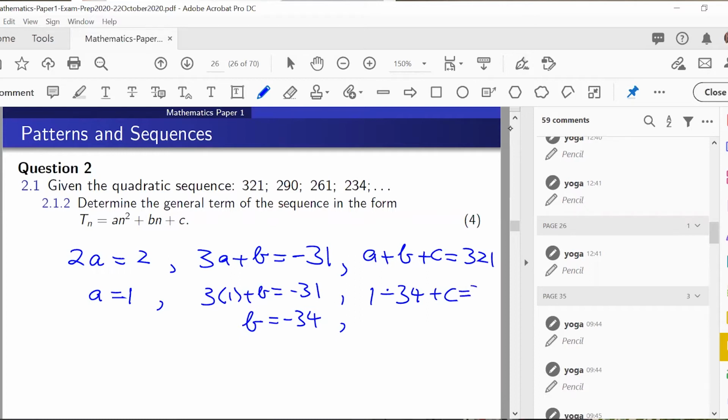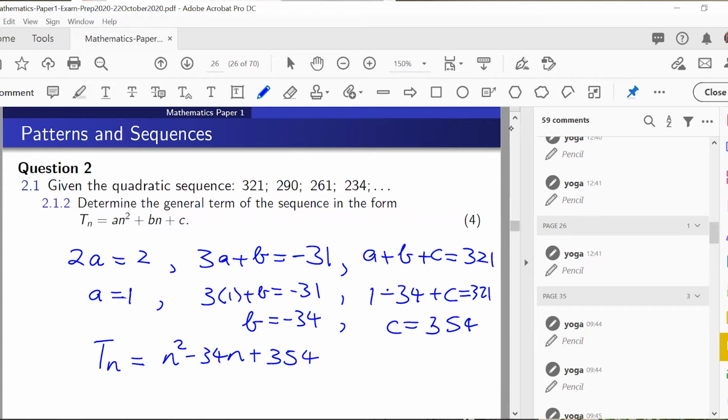Then we get c equals 354. So our formula, Tn, is n squared minus 34n plus 354.